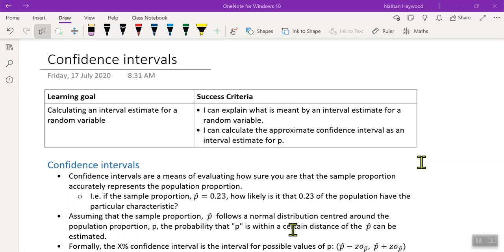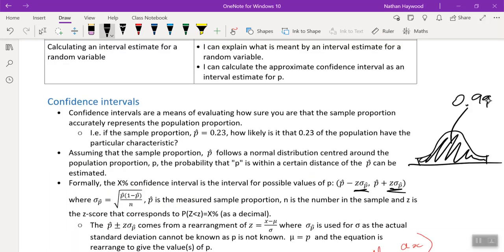So a confidence interval is a means of figuring out whether the sample data I collected is a representation of the population, essentially in the normal distribution.